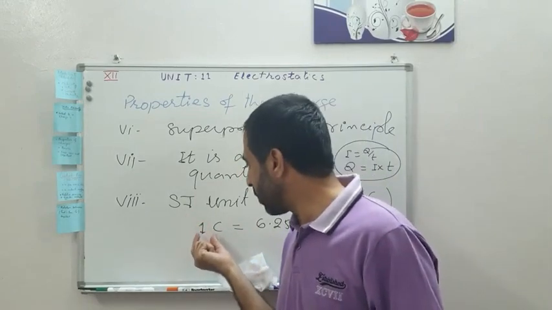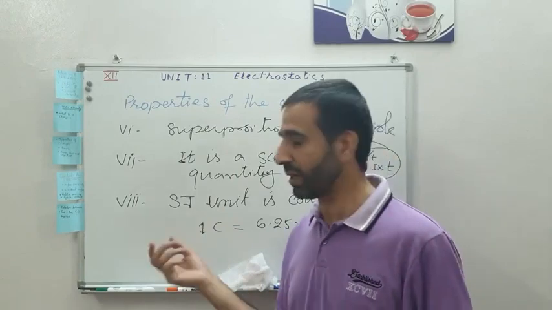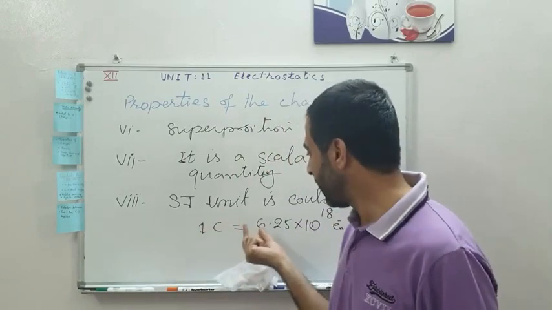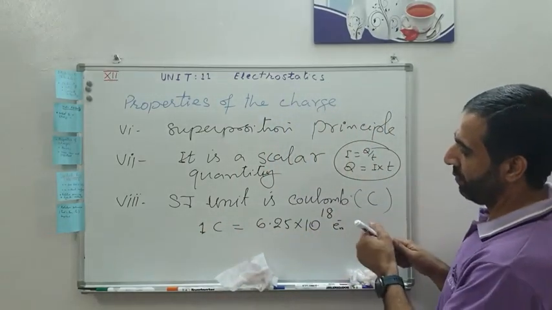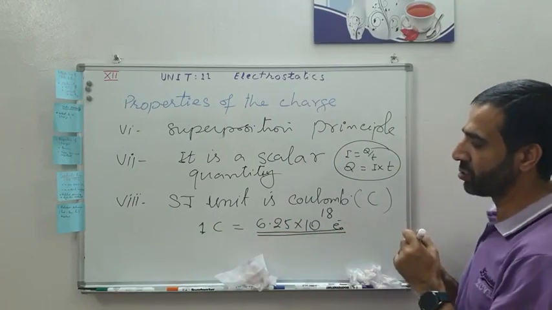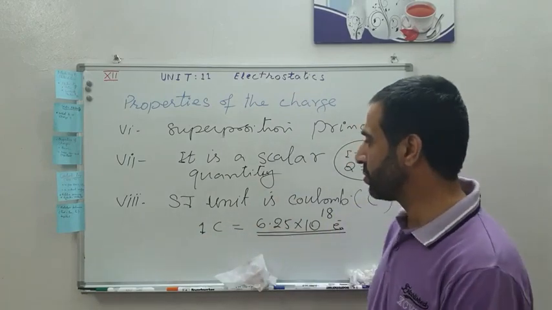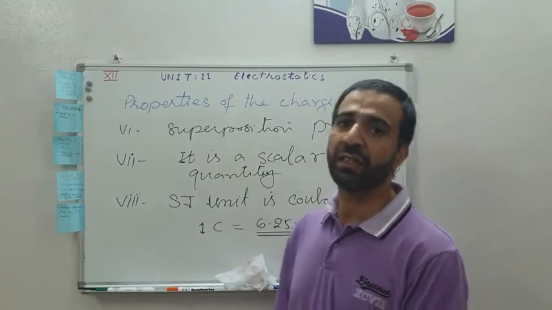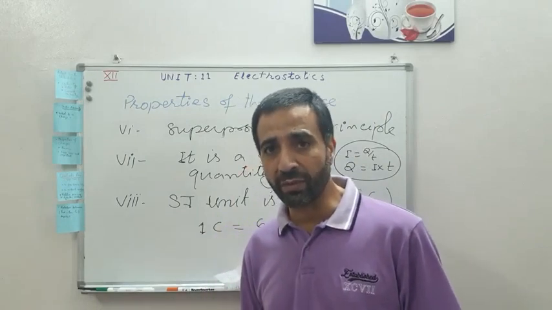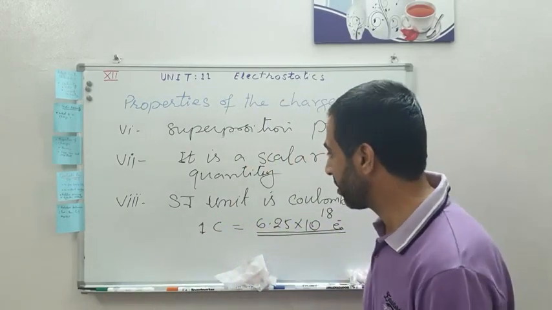So actually 1 coulomb of charge is a very large unit, though it is the SI unit, because for 1 coulomb of charge you need these many electrons or protons. This is why we always use the submultiple units: the micro coulomb, 10 raised to the power minus 6 coulomb, the nano coulomb and the pico coulomb.